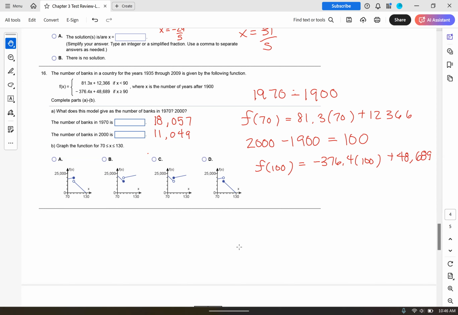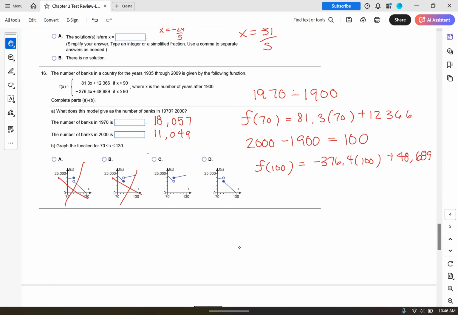The first part of the graph is for x is less than 90, less than, not less than or equal to. So that first curve must end at an open dot. It has to end at an open dot. Which ones do not? That one doesn't. That one doesn't. So it's either C or D.